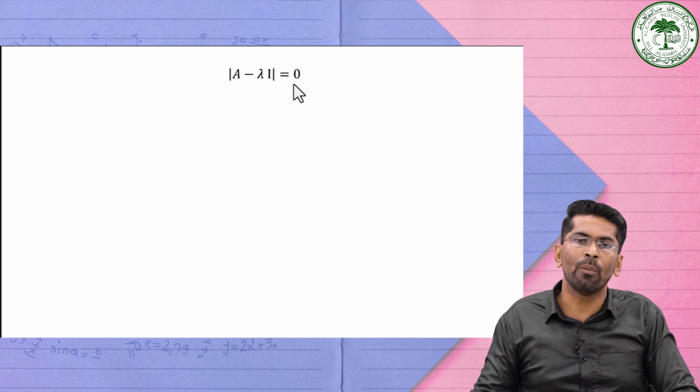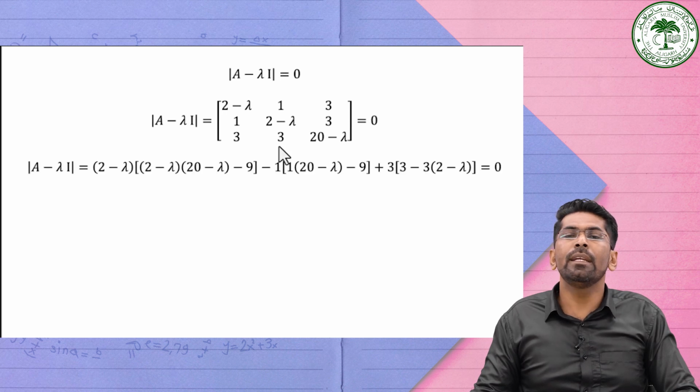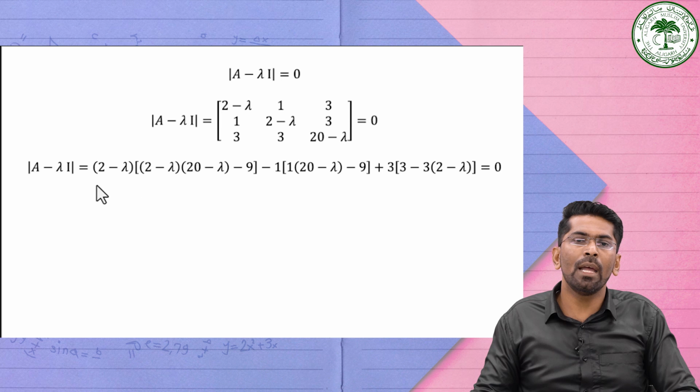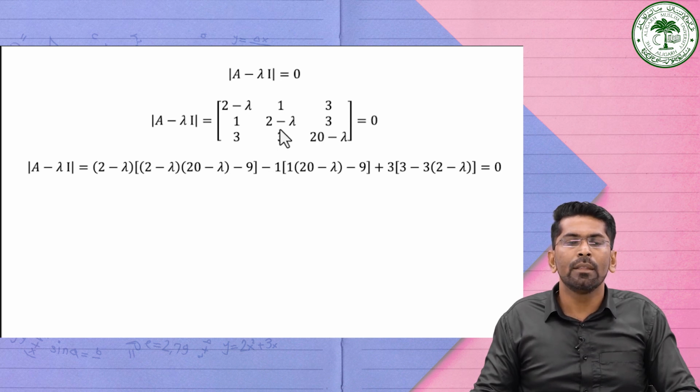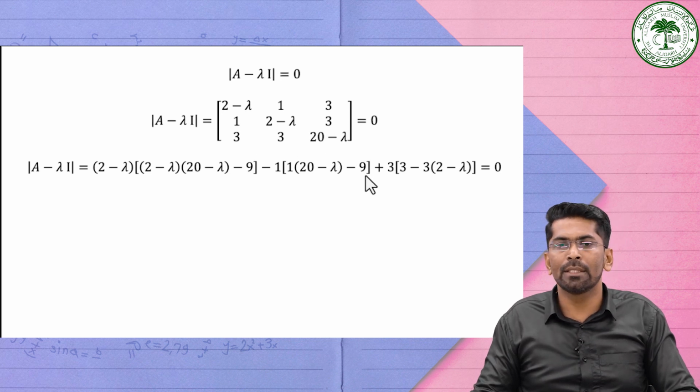Now we are going to equate this determinant to 0, and find the determinant value. The determinant will be 2 minus lambda into (2 minus lambda)(20 minus lambda) minus 3 into 3, which is minus 9. Then the second element, minus 1, crossing the concerned row and column: 1 into (20 minus lambda) minus 3 into 3, which is minus 9.